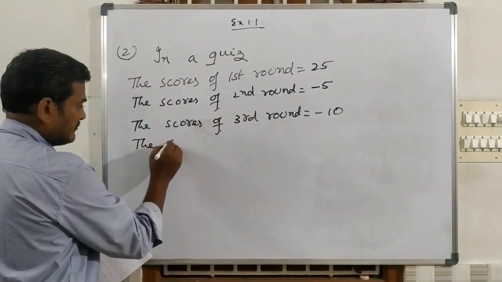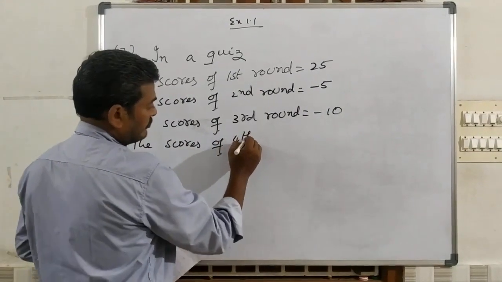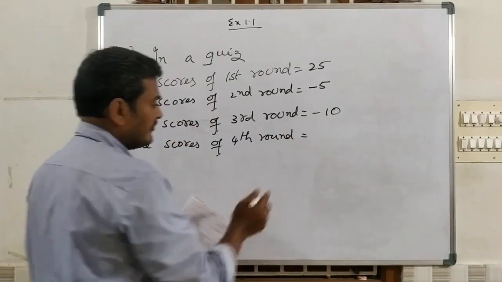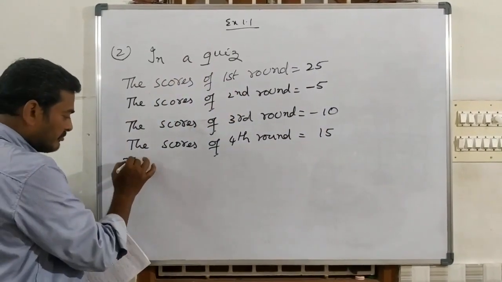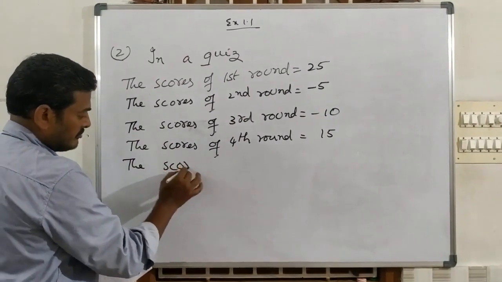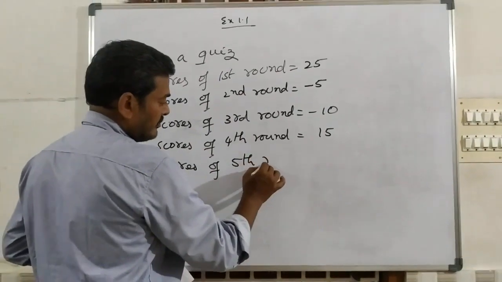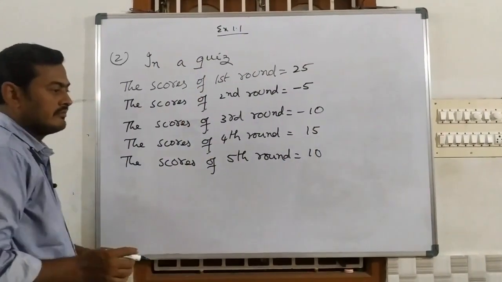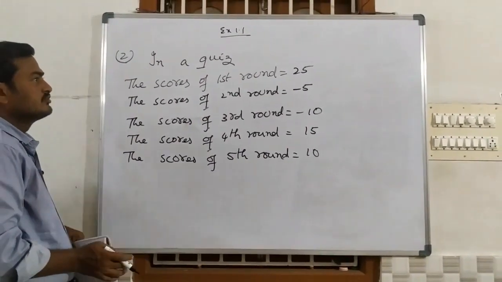The score of the fourth round is 15, and the score of the last round, the fifth round, is equal to 10. Now Jock gets this at the end of the 5 successive rounds.